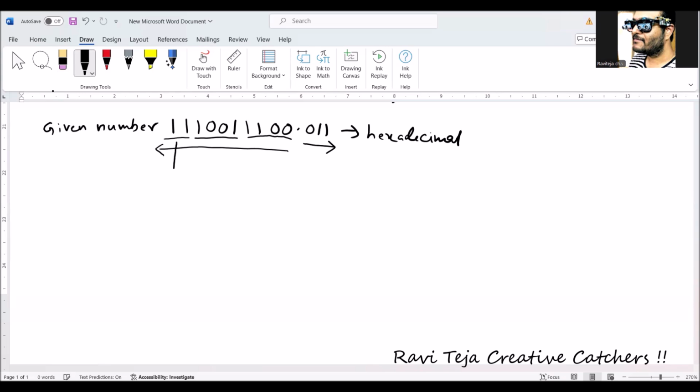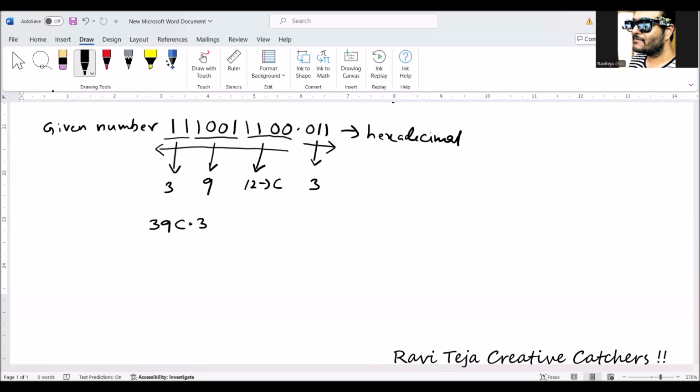So what is 11 here? 3. What is 1001 here? 9. And 1100 is 12, right? And 12 can be represented in the form of C. And coming to the value after the decimal point, 011 is nothing but 3 again. So what is the answer? 39C.3.